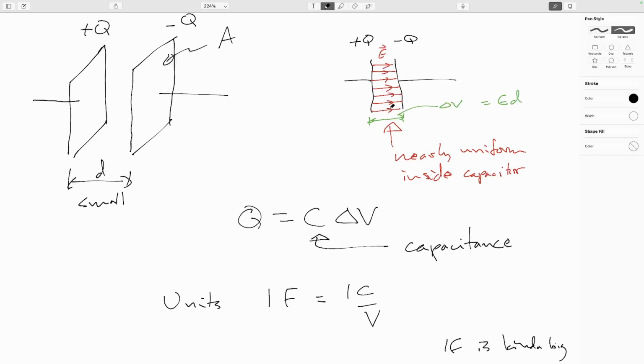So if I have a bigger plate, the capacitance will be bigger, and by the same reasoning, my battery voltage isn't going to change. If I make the spacing between the plates smaller, that would increase the electric field strength, which would again mean more electric field lines, meaning more charges that the lines would have to start and stop at. So the bigger the plates and the smaller the separation, the bigger the capacitance.